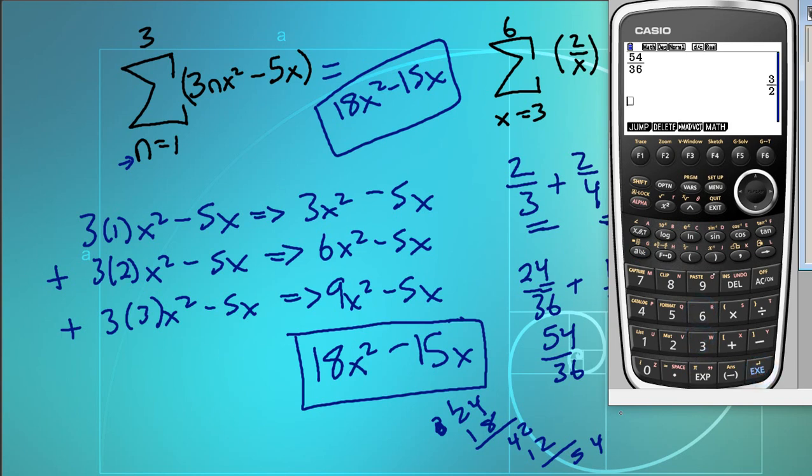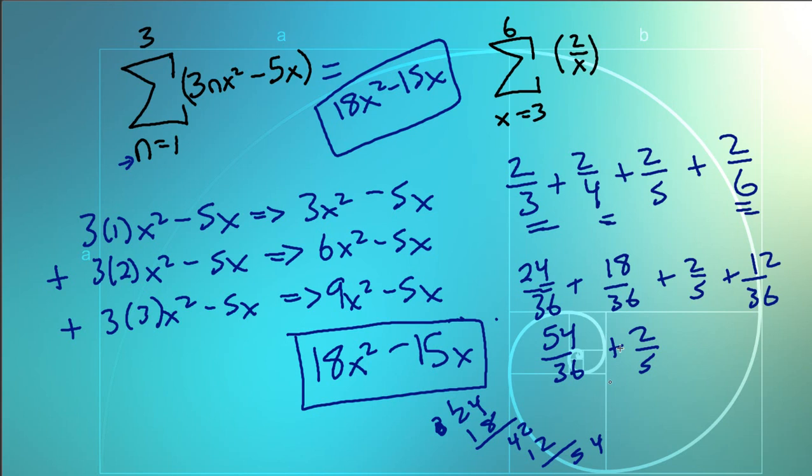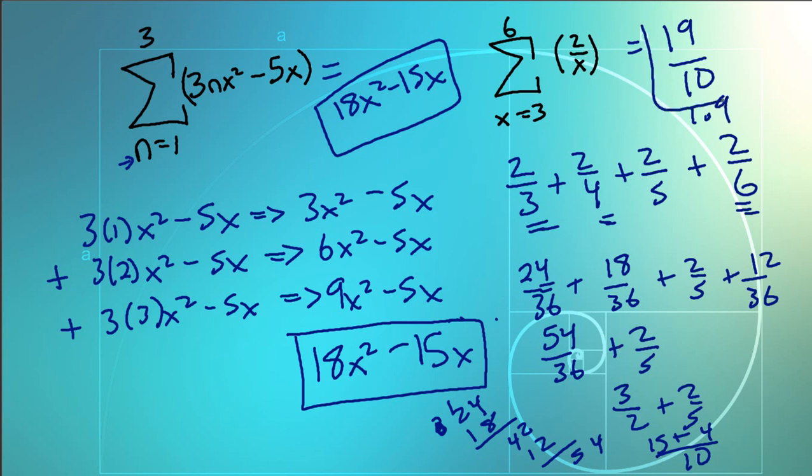Yeah, I could divide that by 18. So this is 3/2. So 3/2 plus 2/5. Common denominator is 10. So times 5 plus times 2, 4, and I get 19 over 10. Of course, I could have just typed that all into my calculator right at the beginning. It might have popped out 1.9, but in any event, there we go.